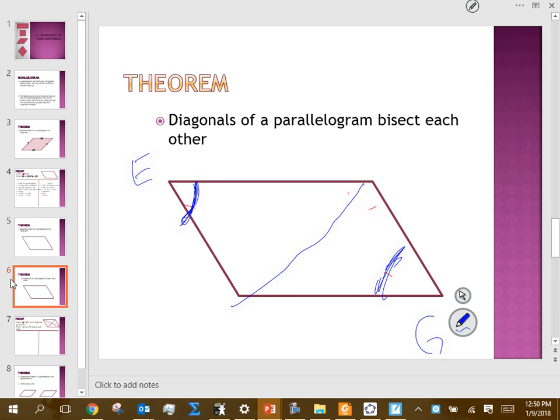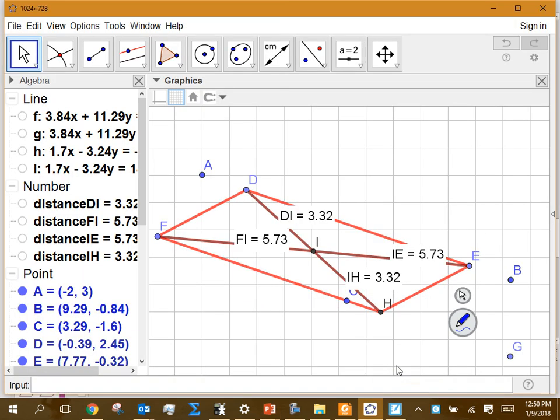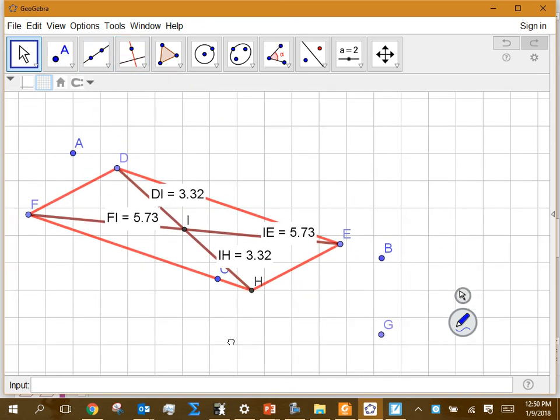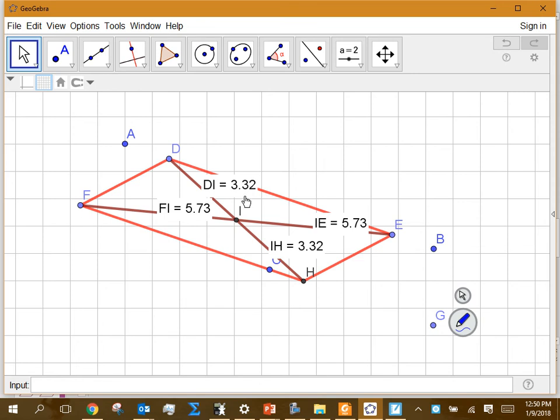A couple other theorems. It says diagonals of a parallelogram bisect each other. It's kind of nice. We can prove that. It's a little bit of a longer proof. So what I've done with GeoGebra here is I just create a bunch of parallel lines and some points here. Not all these points are necessary, but that red shape is a parallelogram.